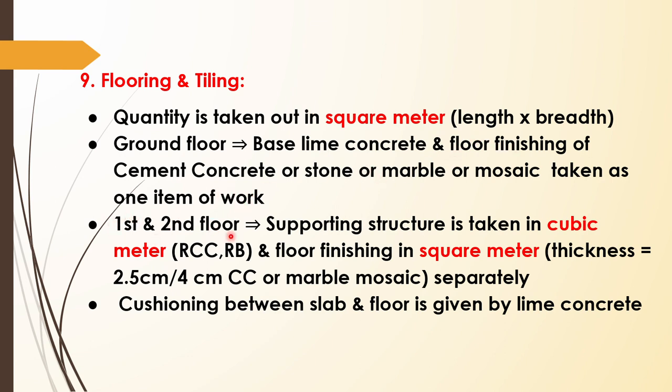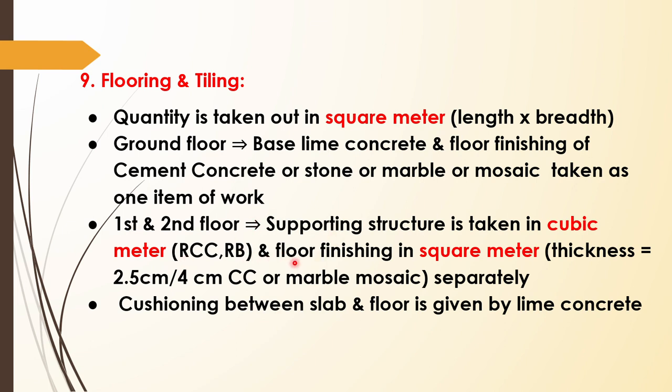If it is the first floor or the second floor, then the supporting structure is taken as cubic meter. After the ground floor, the first floor will come above a slab, right? A reinforced roof slab will be there. That quantity is calculated in cubic meter.